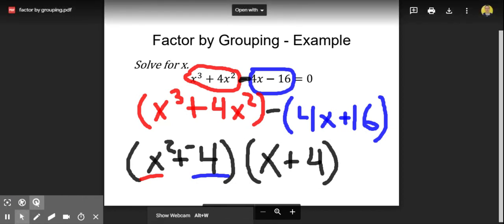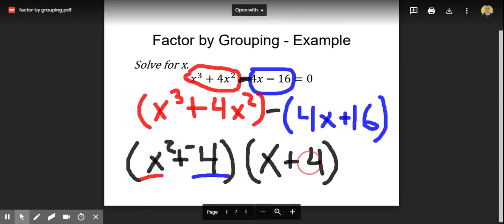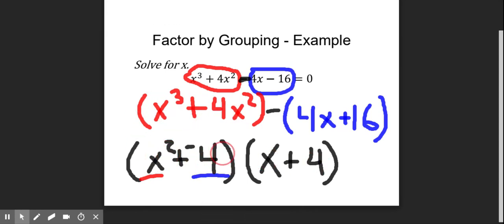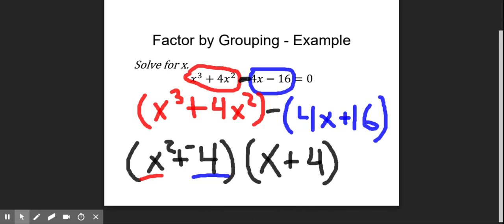Or in other words, if I take out the red common factor from the red group, I get this. If I take out the blue common factor, that -4, out of the blue group, I should get this answer as well. All right.